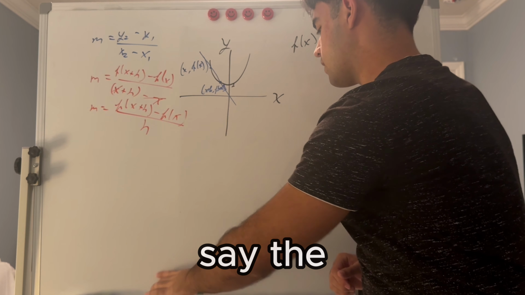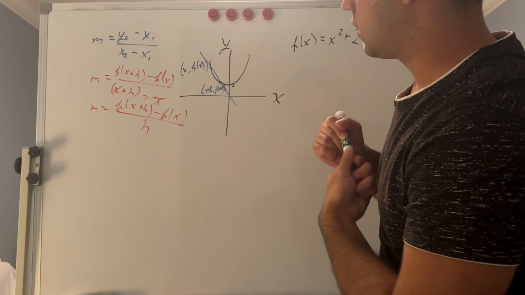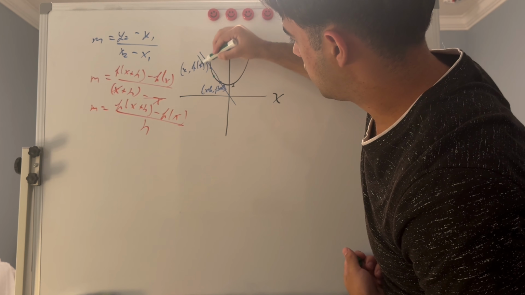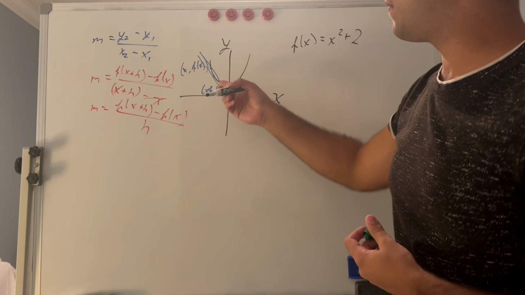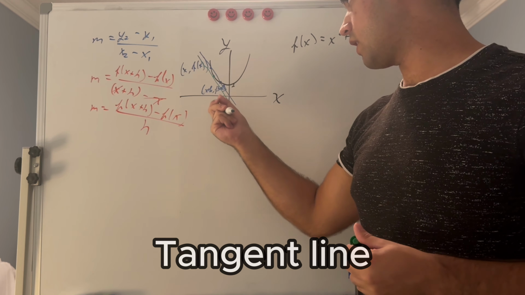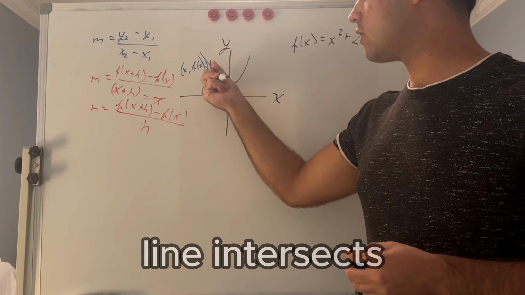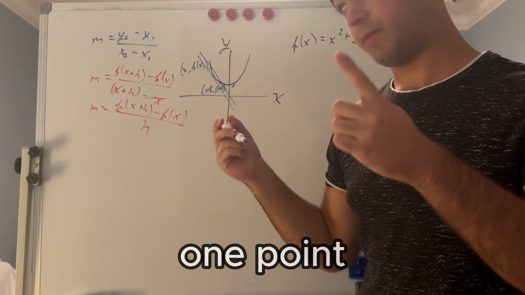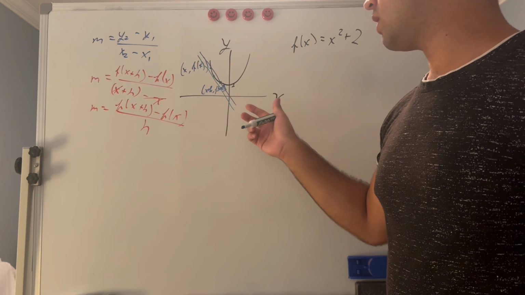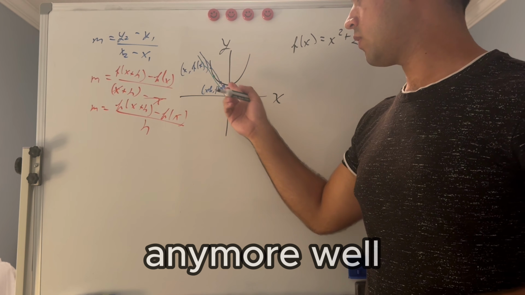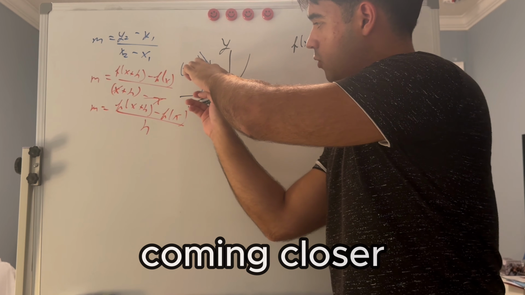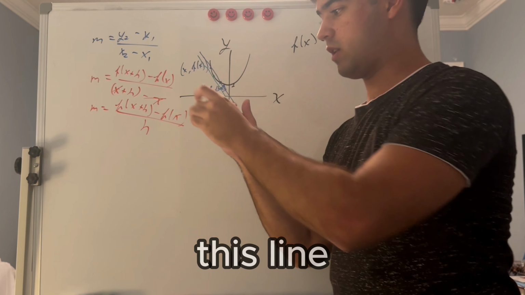But let's say the line were to narrow down to only 1 point, and it would look something like this. Now here, this is called a tangent line, where the line intersects the curve at only 1 point. How do we find the rate of change of this if there's no h anymore? Well, we can imagine the points coming closer together and approaching this line.